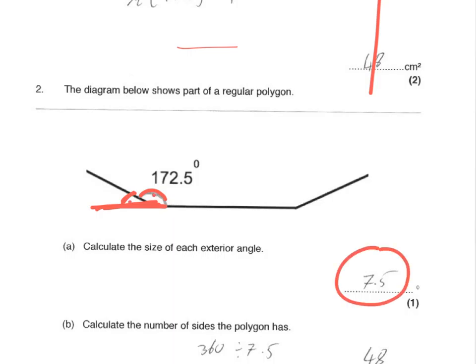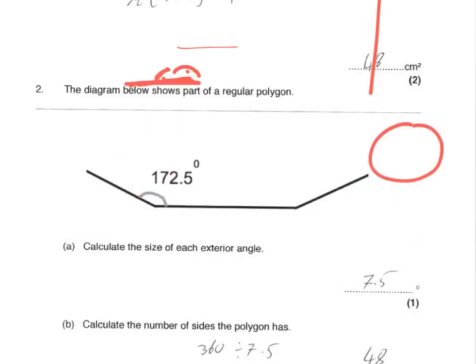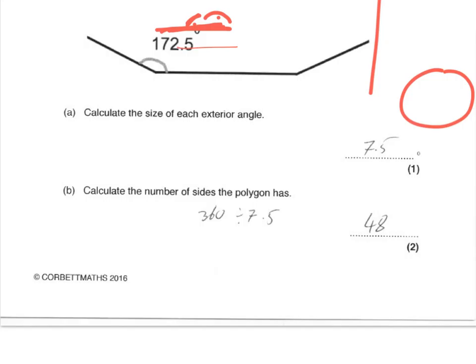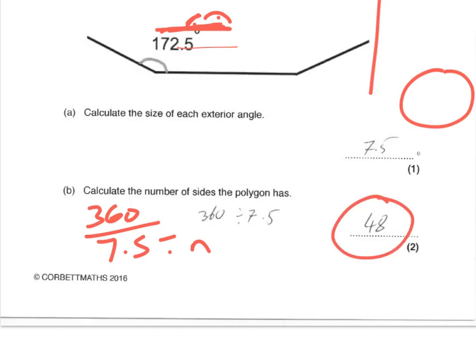So the answer is 7.5. Calculate the number of sides. Again, should be straightforward. You just do 360 divided by the exterior angle, which we worked out to be 7.5, gives you n, the number of sides. Number of sides is 48.